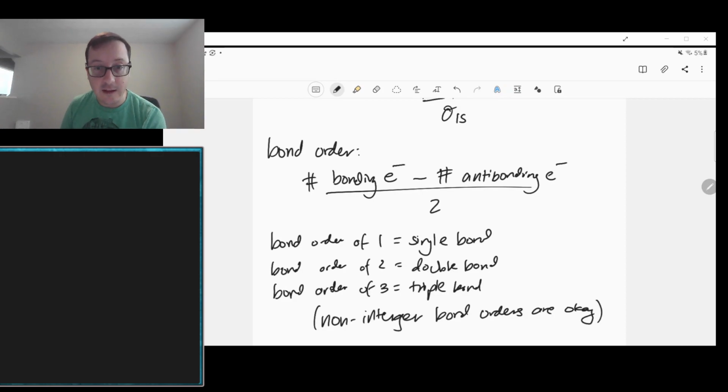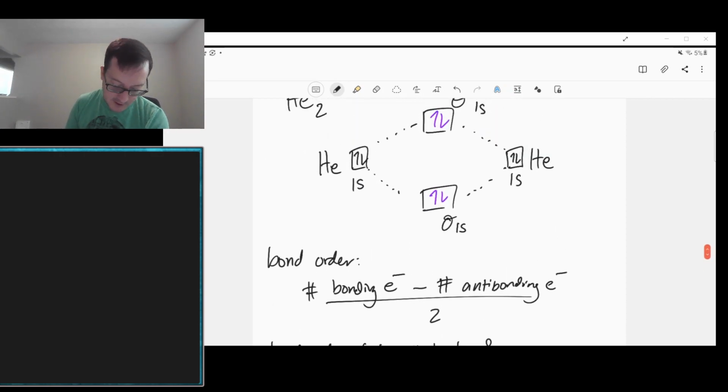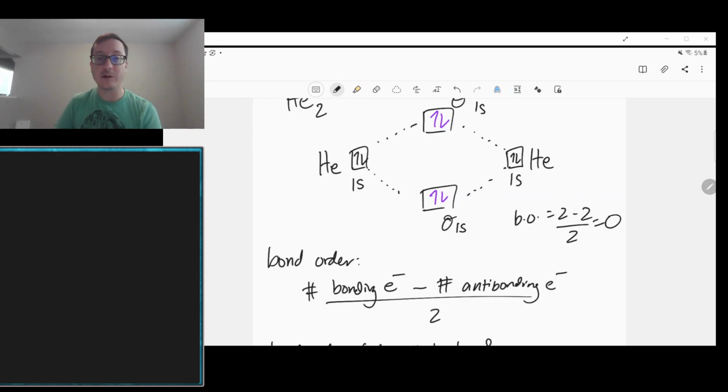But if we take a look at the bond order here of our helium, we have 2 bonding electrons. We have 2 anti-bonding electrons. So we have a bond order of 0, which tells us that no bond is going to be formed. No bond is formed here.